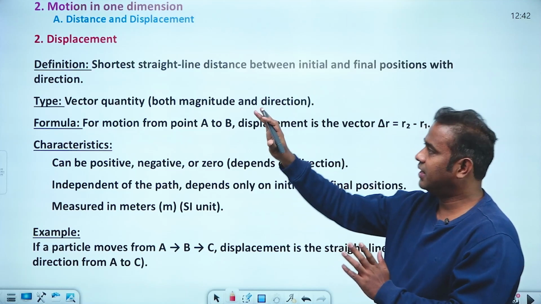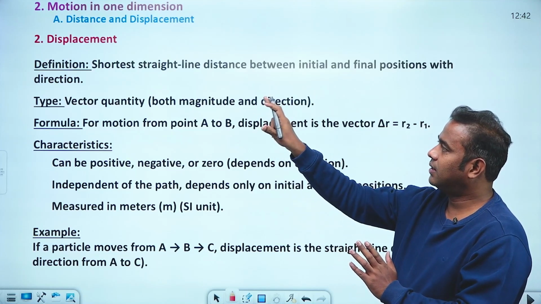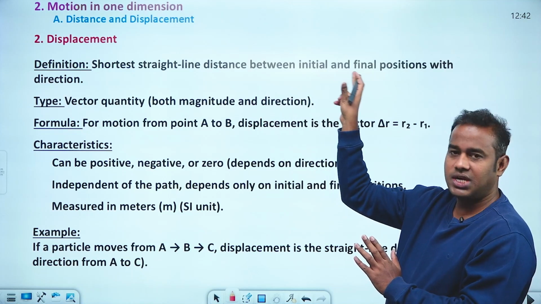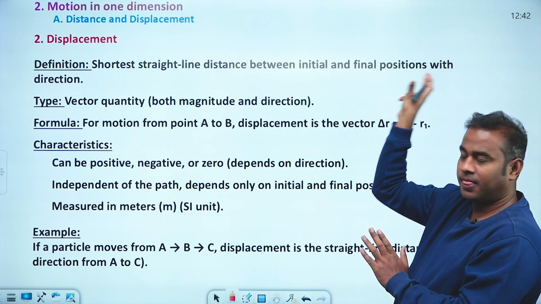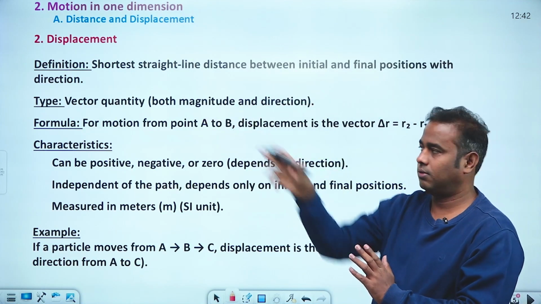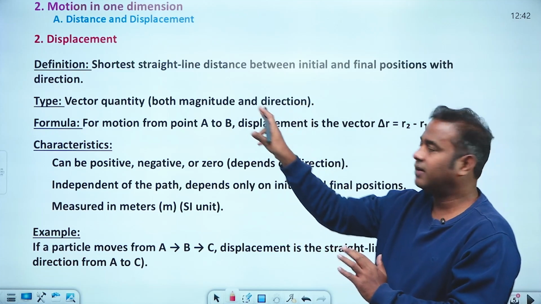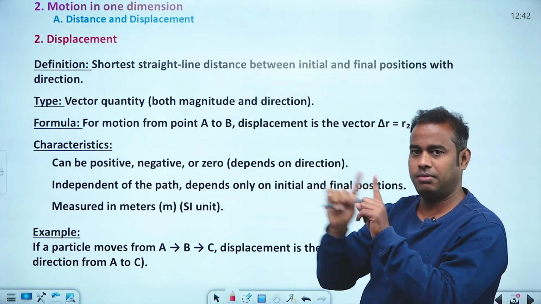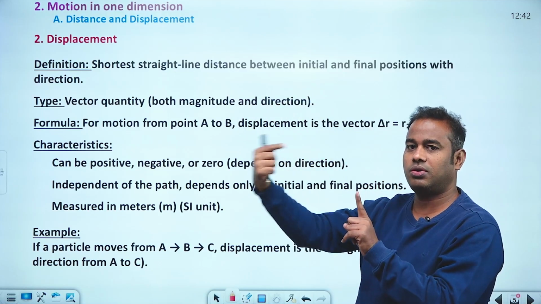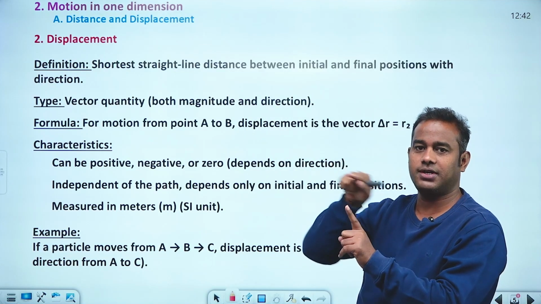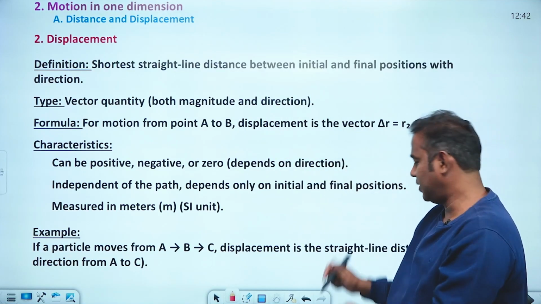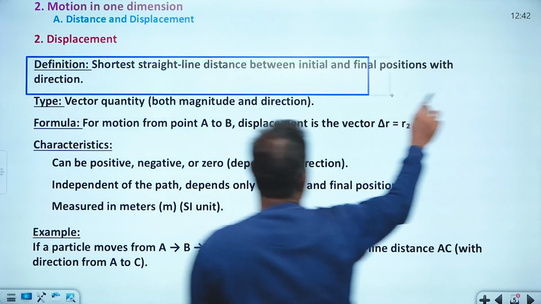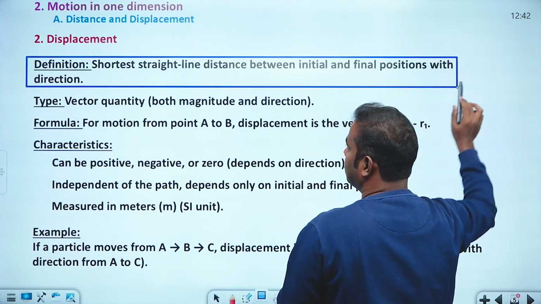Displacement is the shortest straight line distance between initial and final positions, with the direction. The definition itself has 2 points: the shortest distance between 2 points, and also the direction. That's a basic thing you need to be very mindful of while understanding distance and displacement.